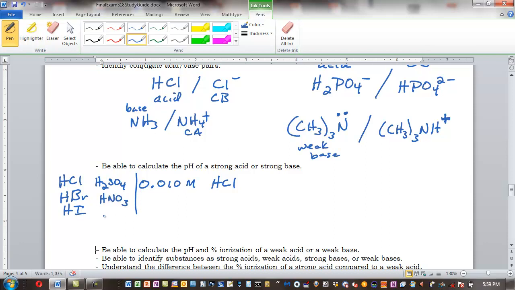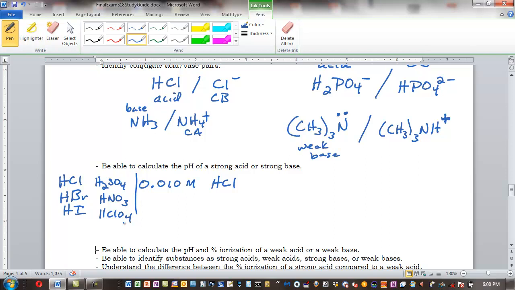And one more. Perchloric, HClO4. Those are the 6 common strong acids. Okay? Again, those are important to know because the problem most likely is not going to say calculate the pH of this strong acid. It will just say calculate the pH of HNO3. Or HI. All right? So you need to know it's a strong acid.